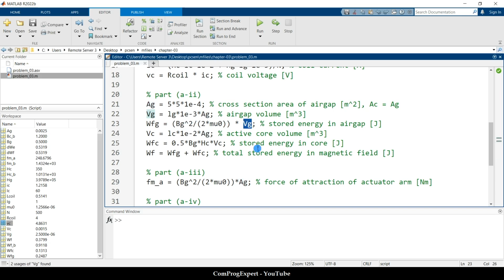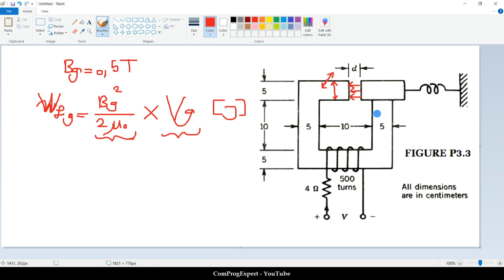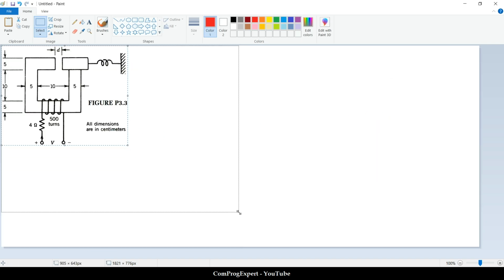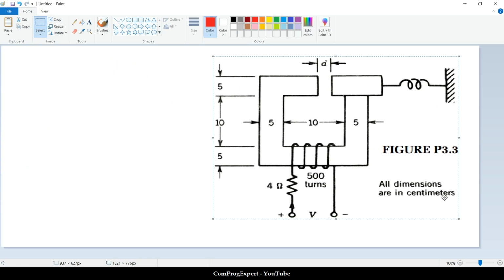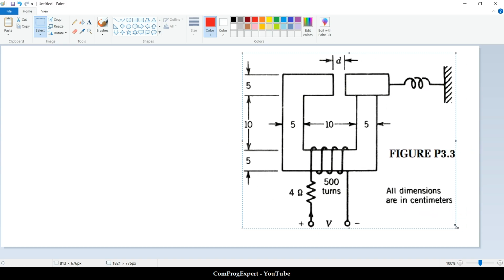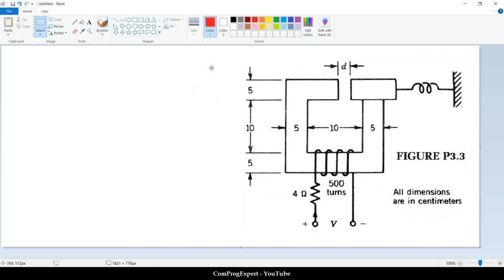So how much is the stored energy in the core? First we should calculate the active core volume. Okay, in this problem we have these flux lines in the core.